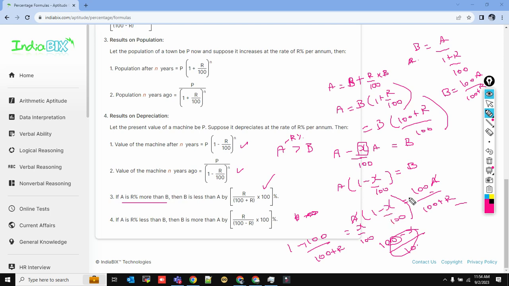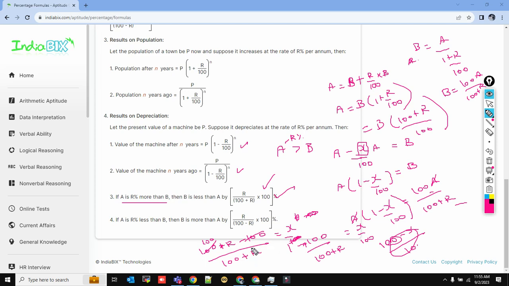Now if you take the LCM and cross multiply, this will be (100 plus R minus 100) divided by 100 plus R is equal to X by 100. This 100 cancels, the 100 comes to this side, and we get 100 into R divided by 100 plus R as the percentage. So we got this.